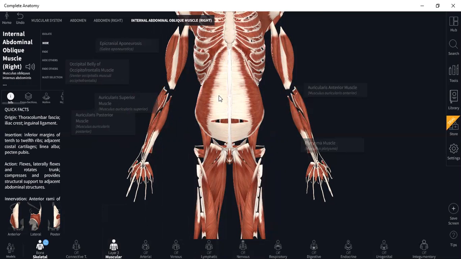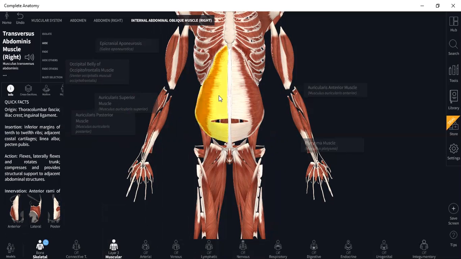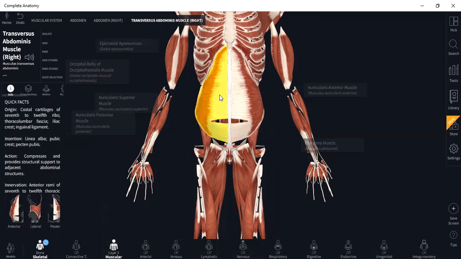And we have transverse abdominis, which is shown on the most interior aspect of the torso model that runs as completely parallel fibers, also responsible for flexing the trunk.